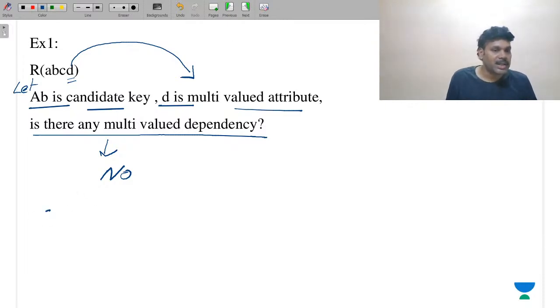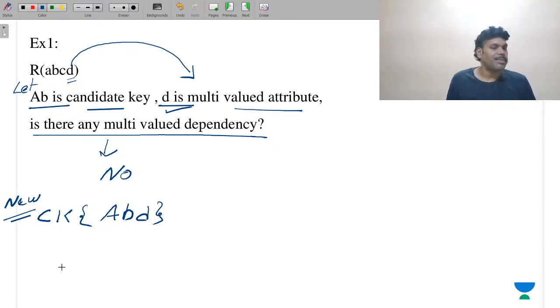Come to the next question. What is your new candidate key here? Your new candidate key is your existing candidate key plus the multi-value attribute, so ABD. So what is your functional dependency?